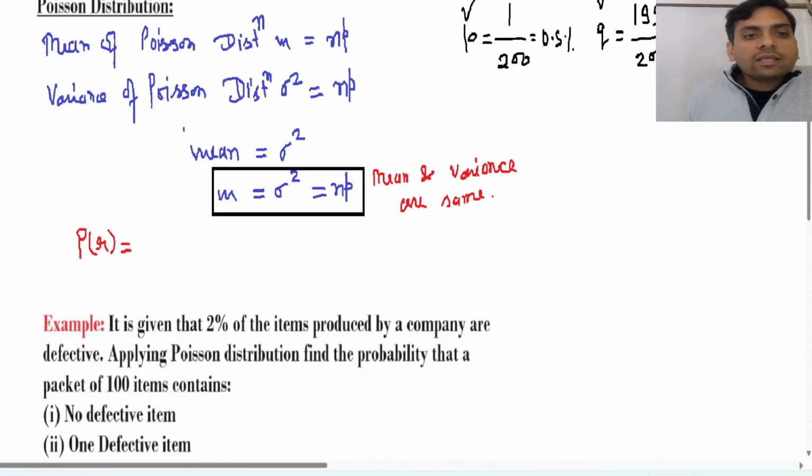Formula is e raised to the power minus m, multiplied by m raised to the power r upon factorial r. I think this seems typical, but this is very simple form. Okay, so main term is what? e raised to the power minus m. So what is e raised to the power minus m?